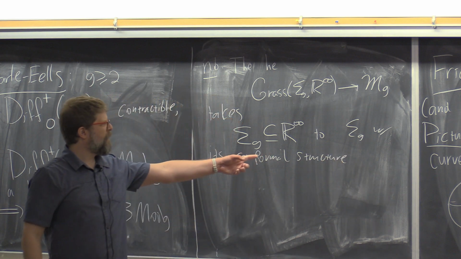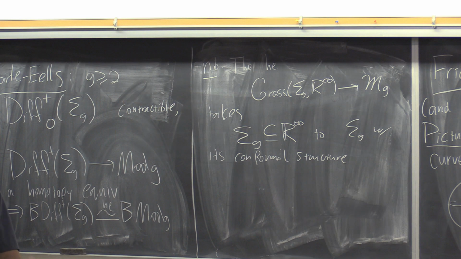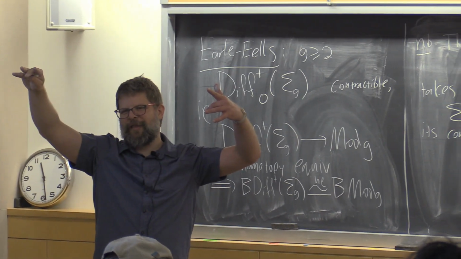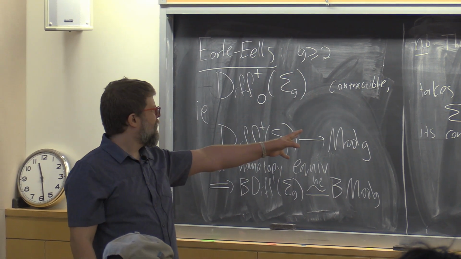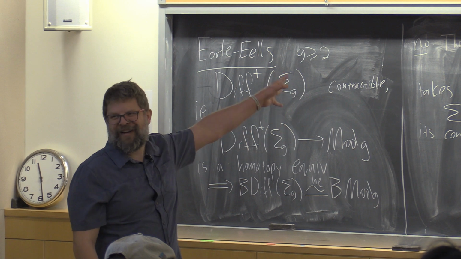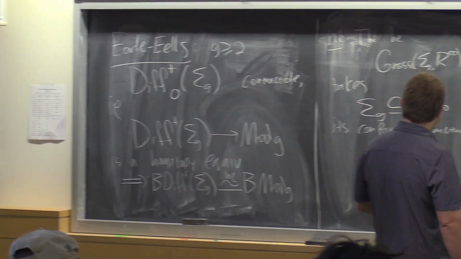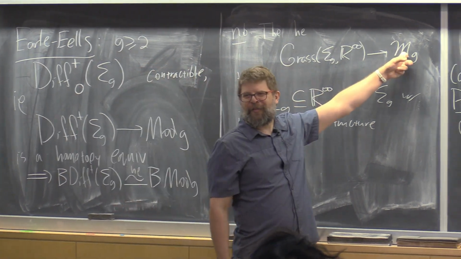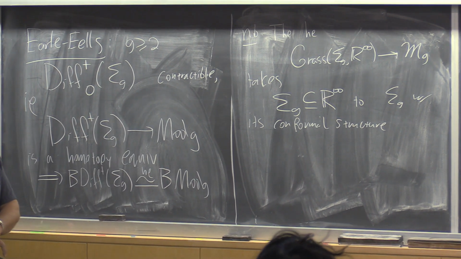You have a submanifold of R^∞, and R^∞ has a natural Riemannian metric. So you get a Riemannian metric on your surface if you realize it as a submanifold of R^∞, and then you just forget the metric and remember the conformal structure. I've never seen that written down, but it's a truth. In any case, let me now tell you some things about the topology.